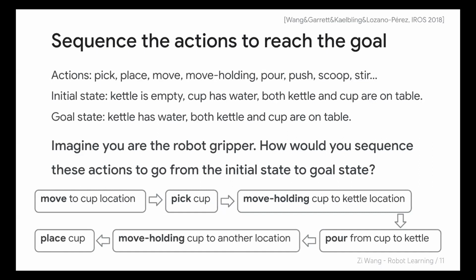Okay, so that's the kind of planning procedure that we want to mimic for our robots, and that's also exactly what's going on for our planning program to operate with these descriptions of actions.